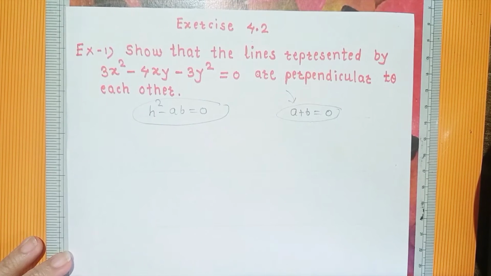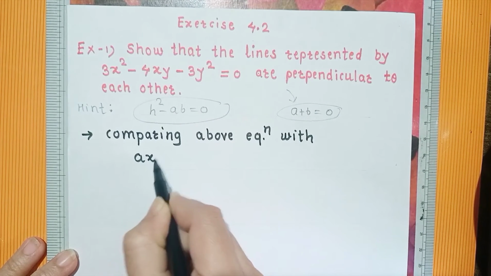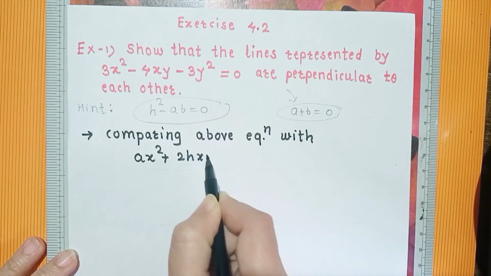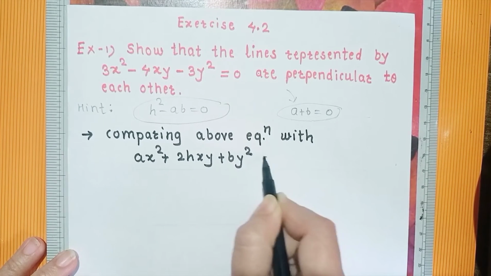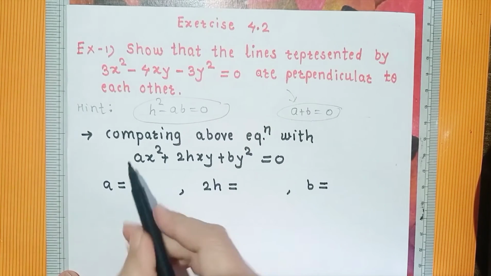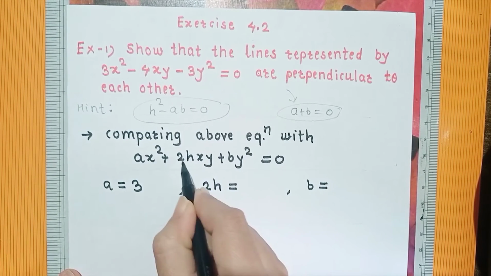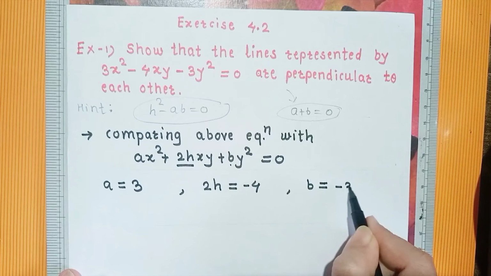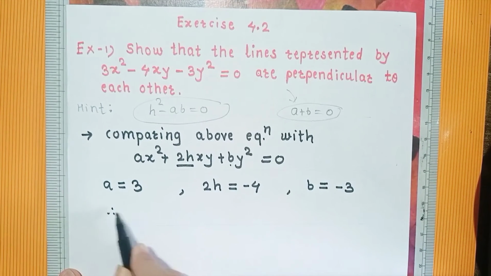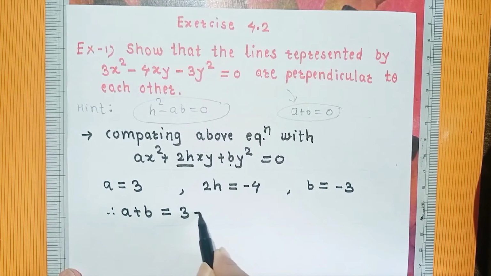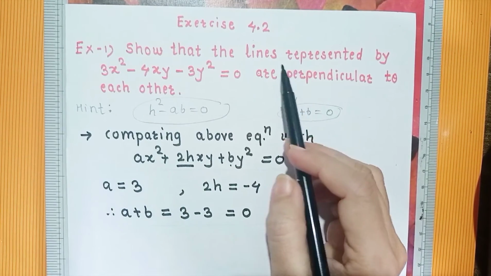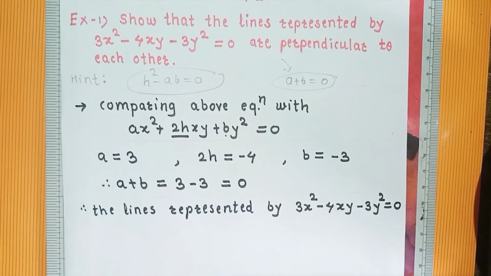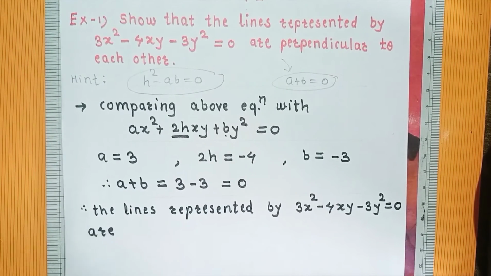So compare this with ax square plus twice hxy plus by square equal to 0. We have a equal to 3, twice h equal to minus 4, and b equal to minus 3. Therefore a plus b equal to, value of a is 3, value of b is minus 3, this is equal to 0, and so we can say that the lines represented by this equation are perpendicular to each other.